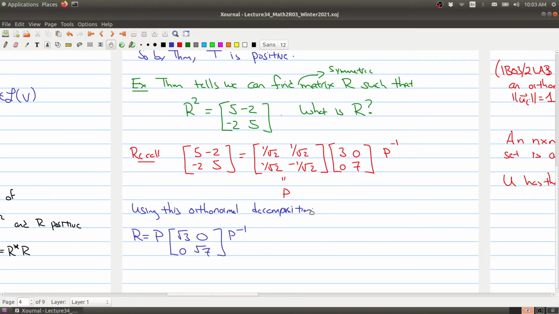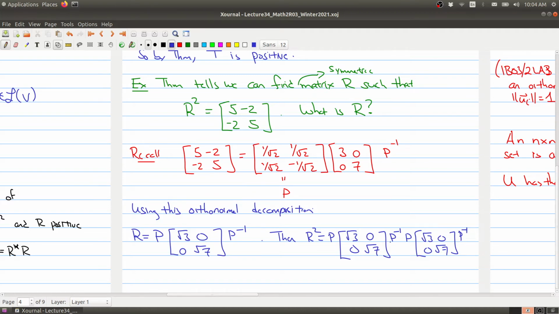And let me show you that this is the correct matrix. Then R squared is equal to P times root 3, 0, 0, root 7, P inverse, times P, root 3, 0, 0, root 7, P inverse.